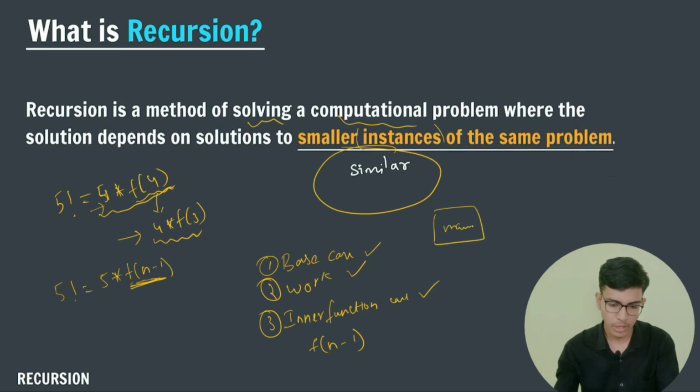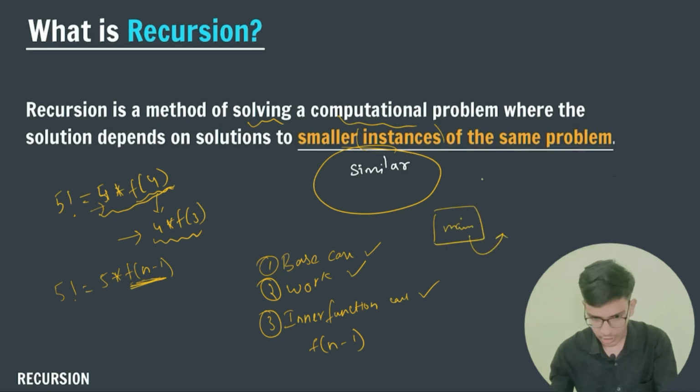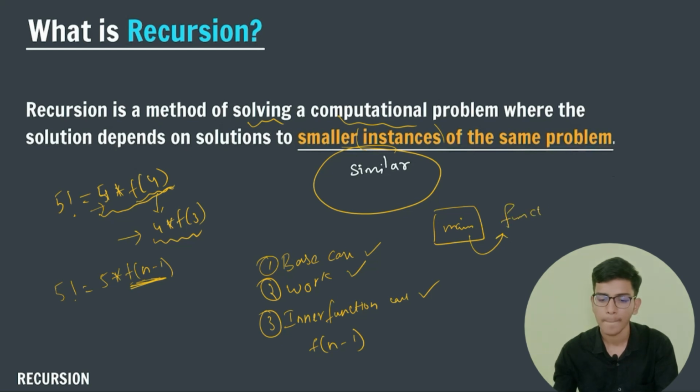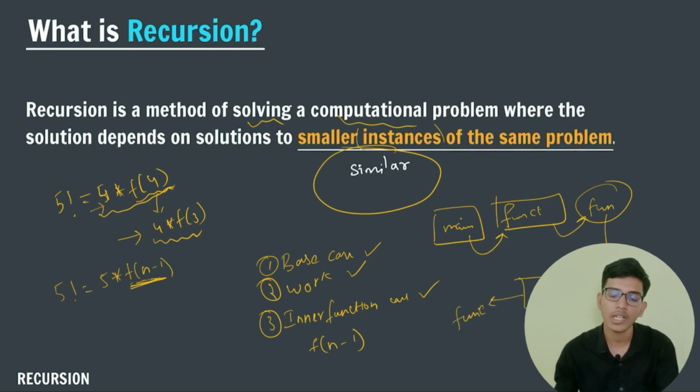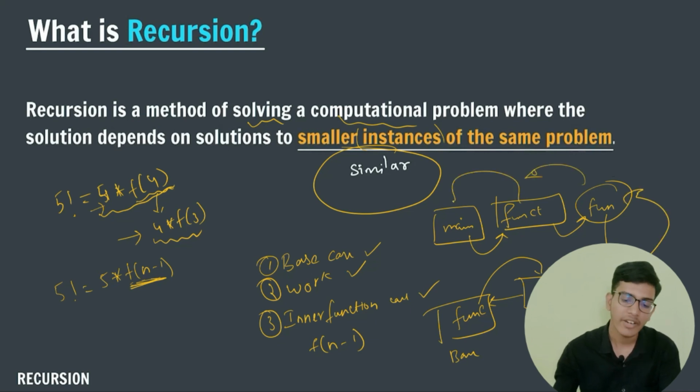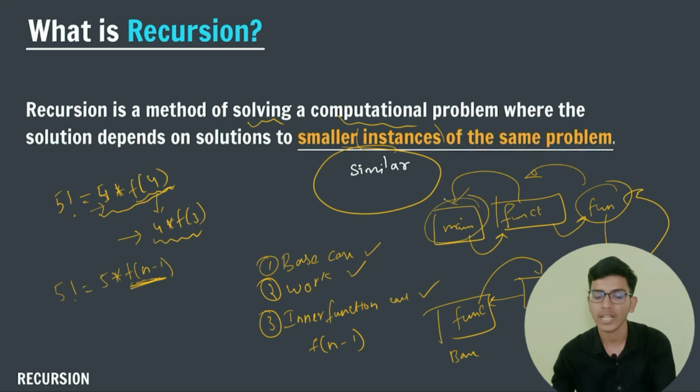My main program will call my function, and my function will call the same function again. Then that function will call the same function again, until I reach the base case. Once I get the base case, it will return some value, and then the others will also return values, and finally I return to my main program, and whatever value I have written there is my solution. So this is how the recursion concept works.